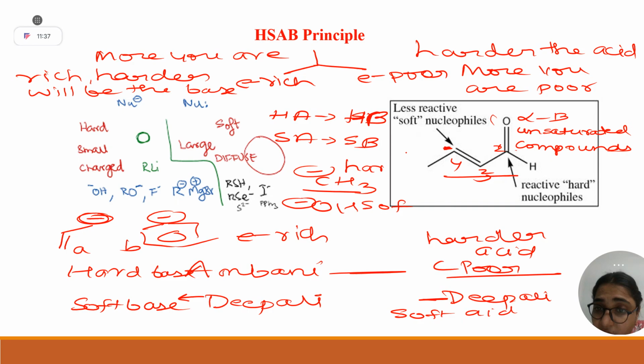When the nucleophile attacks at this position, here will be positive, negative, positive, negative. So what you will get? Nucleophile, and you will get this enolate, right? And this enolate will come back and form ketone, and it will be protonated in work up condition. Clear till this point?